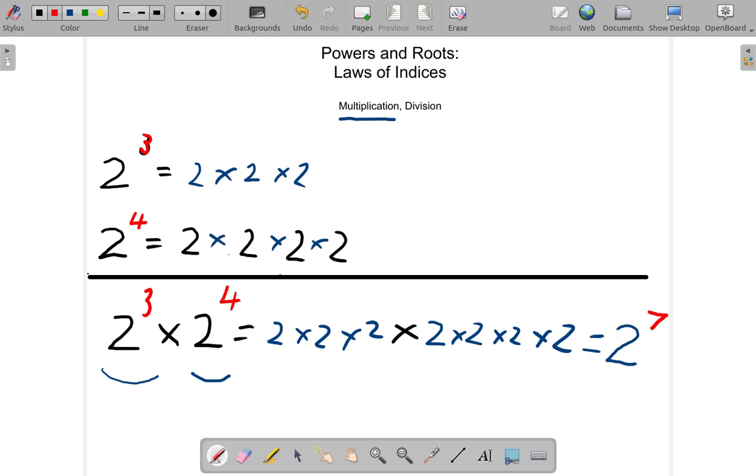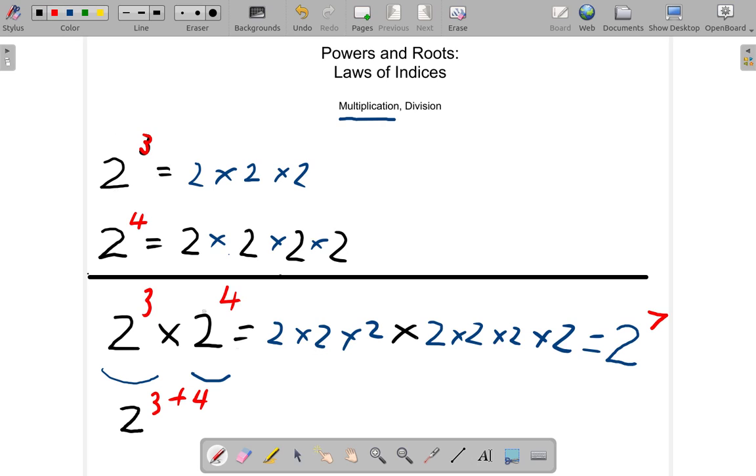Now let's look at this. 2 to the 3 times 2 to the 4. Suppose instead of 2 to the 3 by 2 to the 4, I turn this into 2 to the 7 by saying this is 2 to the power of 3 plus 4. You see that?